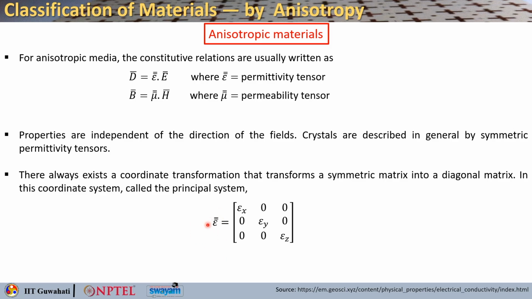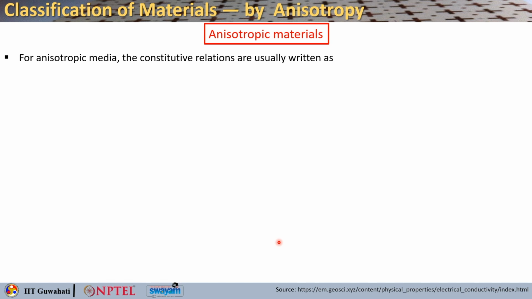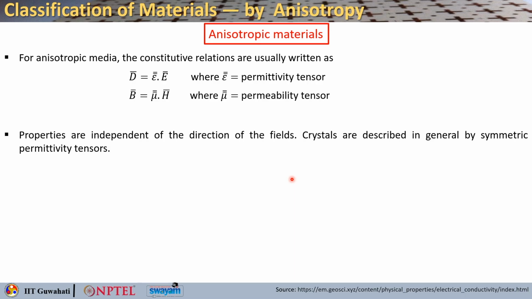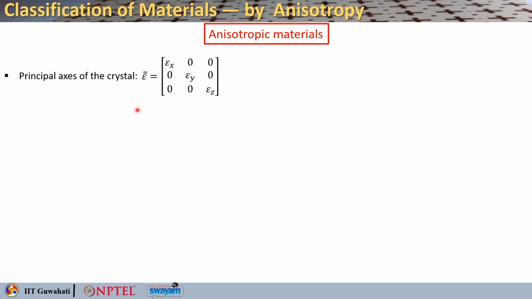So, you can see that this particular tensor can be diagonalized like this, okay. So, you can just have epsilon x, epsilon y and epsilon z to make life simple, okay. The three coordinate axes are referred to as the principal axes of the crystal. So, here you can see the principal axes of the crystal, and epsilon can be written as this.